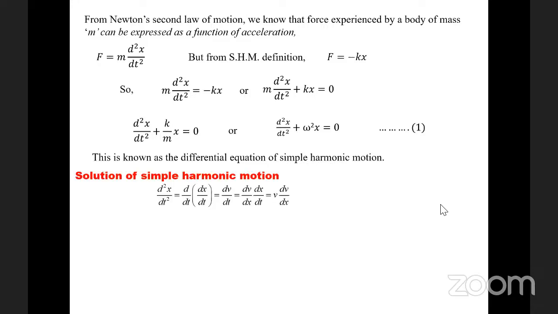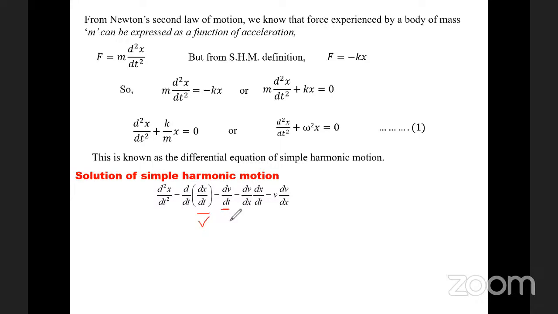Next, what is the solution here? If you want to calculate the a value, let us find out what dx by dt is. So d square x by dt square equals d by dt of dx by dt, or dv by dt. What is dx by dt? Velocity, v. That is dv by dt.